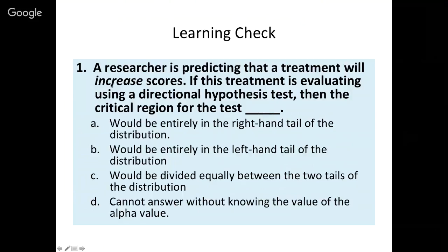If we don't have the word increase and it's different scores, then it's C. If it's decrease, then it's B. But here, the correct answer is A.